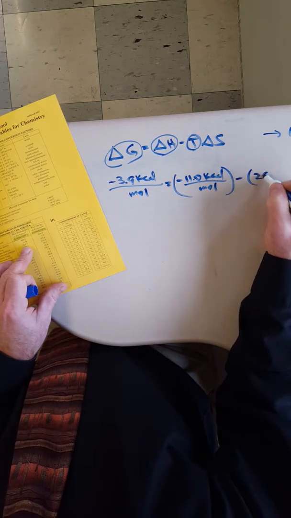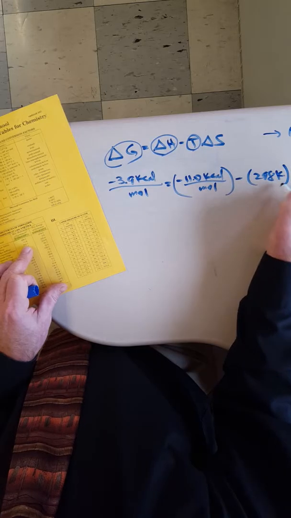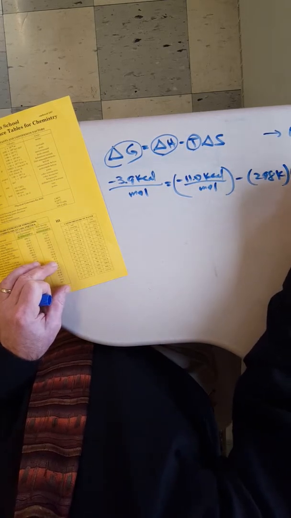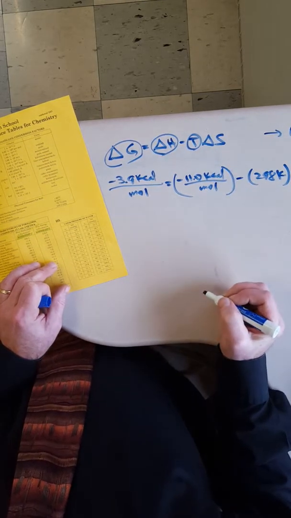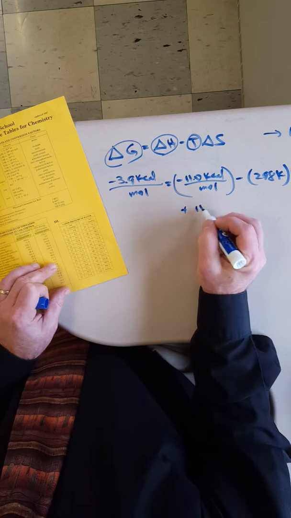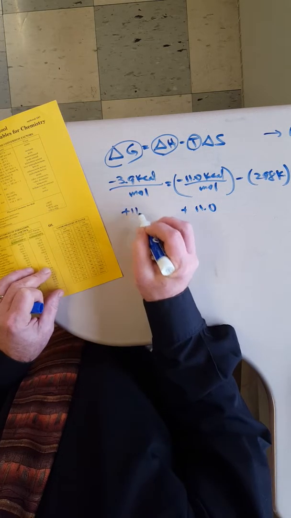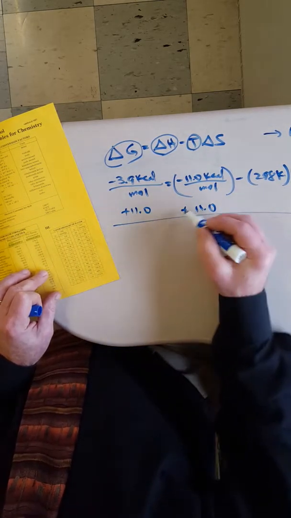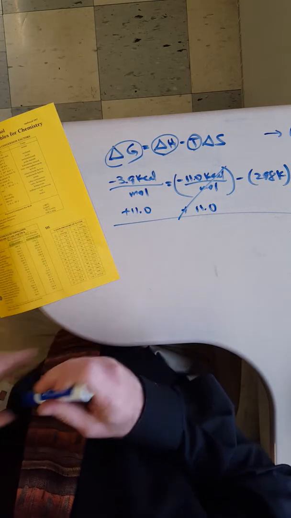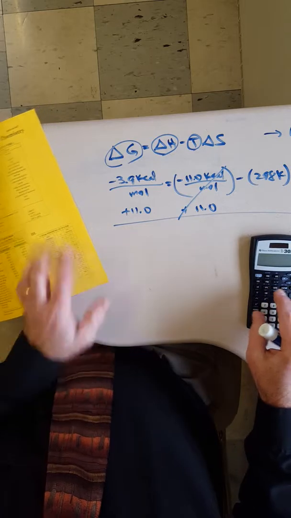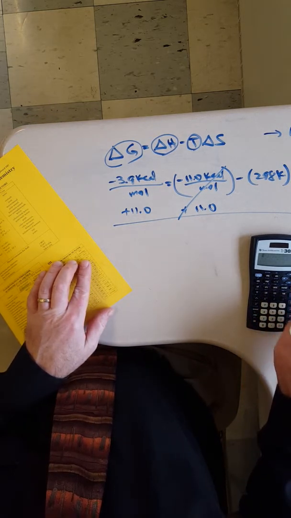minus 298 Kelvin, that's given in the table at the top, times delta S. I'm going to add the 11 kcals per mole. Handy dandy calculator, but don't let the arithmetic throw you.